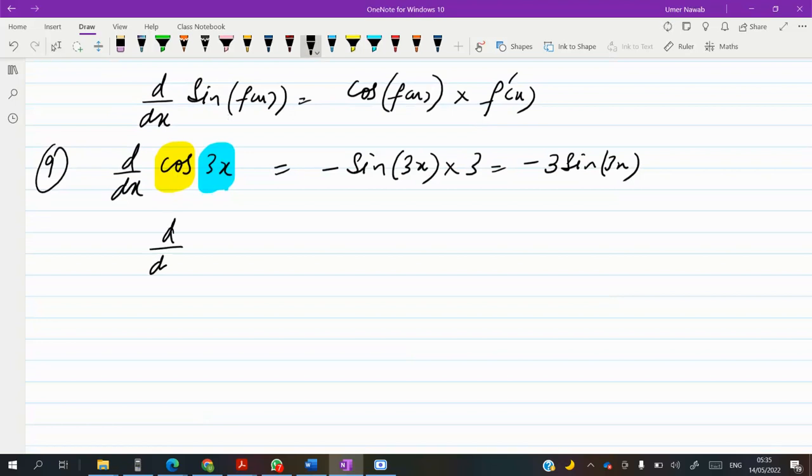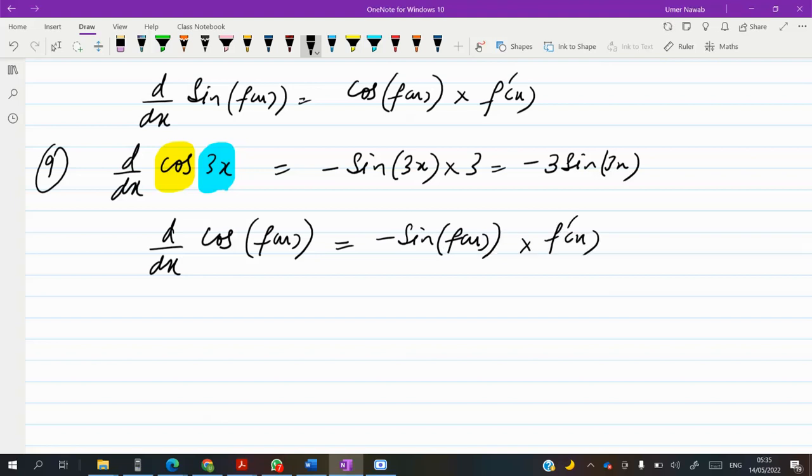General rule, if I have a cosine function applied on any function which is staying as an argument, the derivative of cosine is minus sine f of x, the argument will stay as it is. Now the further derivative of the argument.